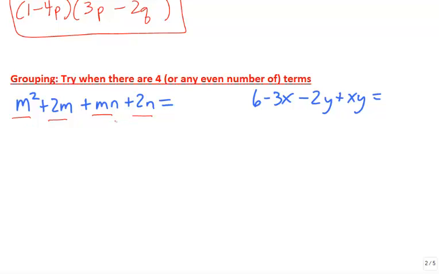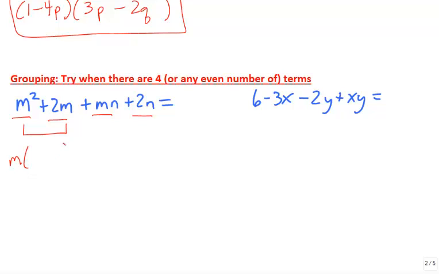But because there are exactly 4 terms, we are going to try grouping on this. And grouping is a 2-step process. So the way grouping starts is you take the very first 2 terms and you pull out a GCF just from the first 2 terms. So if I look at m squared and 2m, what do they both have in common that I could pull out? Well, they both have an m in common.